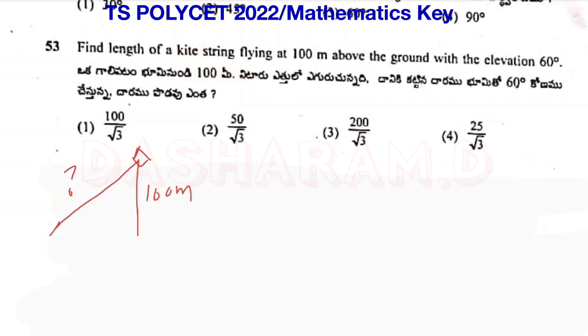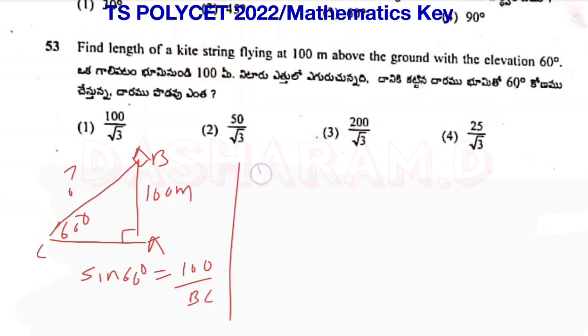This value is required, and it makes 60 degrees. Elevation is 60. So A, B, C. Now see here, for 60 degrees the opposite side is given and the hypotenuse is asked. So use sine 60 degrees, opposite by hypotenuse, BC. Sine 60 is root 3 by 2. It equals 100 by BC. Do cross multiplication.